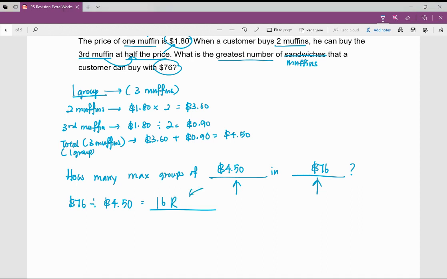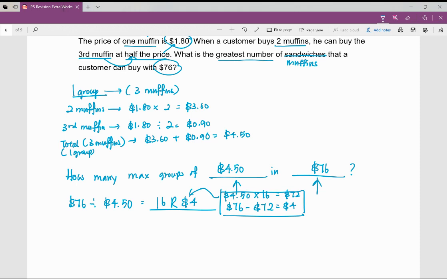Very simple. I will take 4.50 times the 16 groups first to see how much I have used up already. And that is $72. So my remainder is $76 minus $72, which is $4. So it's remainder $4 for this one.